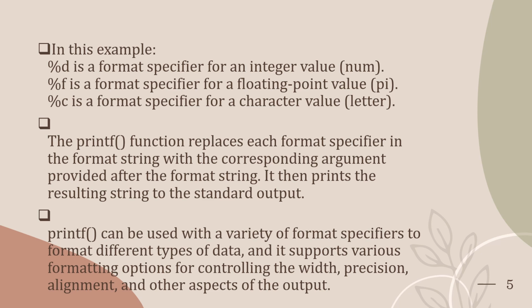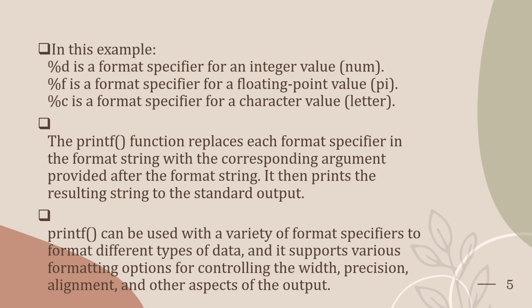In this example, as I mentioned above, %d is used for printing an integer value, %f is a format specifier for a floating type value, and %c is a format specifier for a character value. So the printf function replaces each format specifier in the format string with the corresponding argument provided after the format string.